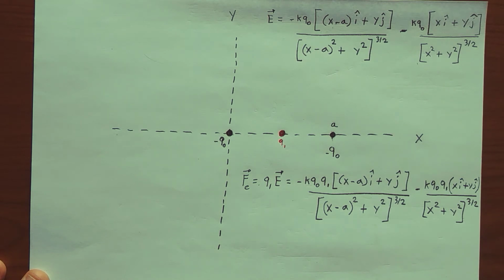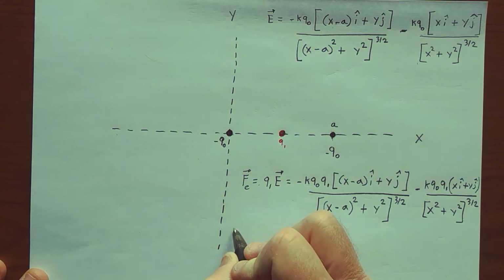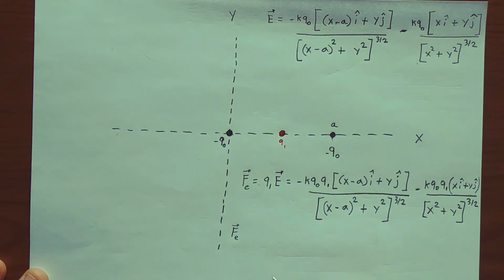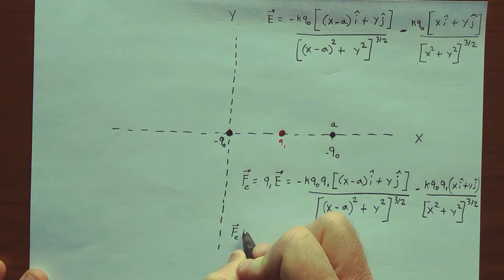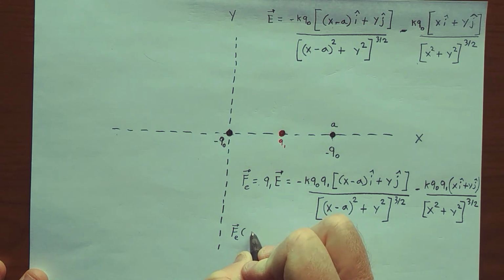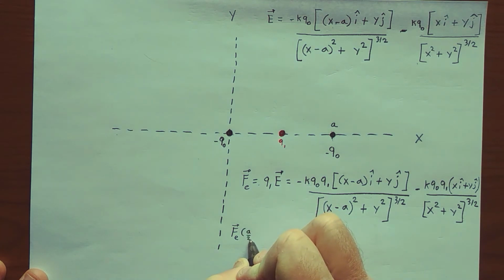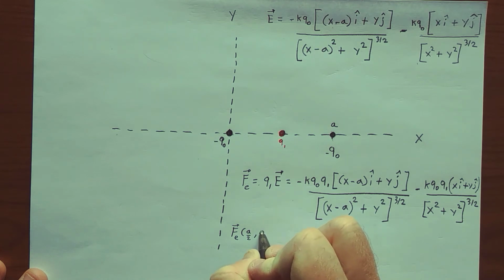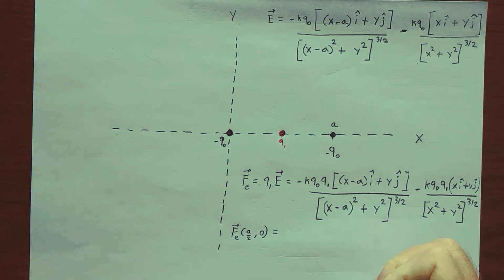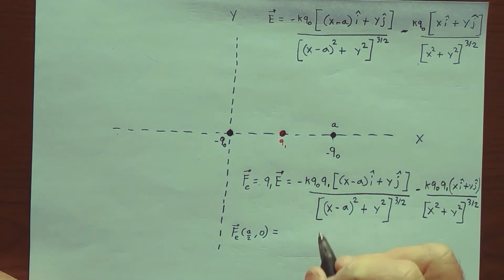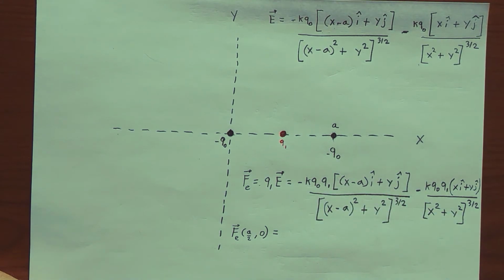So let's make sure that in fact we get that. The electric force on the particle of charge Q1 located at x equals a over 2, y equals 0 should be 0. Let's see that that's in fact the case. So what does this expression reduce to?